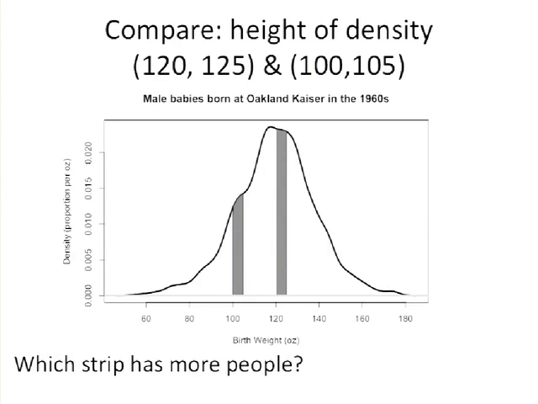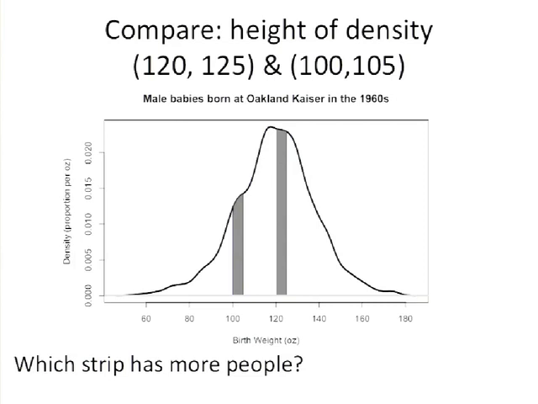In this case, the 120 to 125 interval has a density value of roughly 0.024 or 0.023 or something like that. Whereas for 100 to 105, the height of that strip is roughly 0.012 or so.